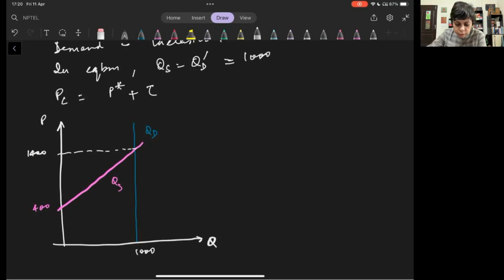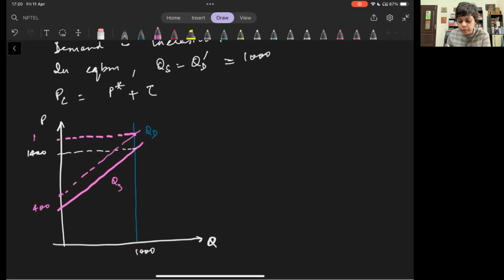Now, after the tax application, tax is being applied on the pharmaceutical company, which is the seller. So we will shift the seller's supply curve. This is 50, so let's say this is 50, right? So this is the price at this point, PC.